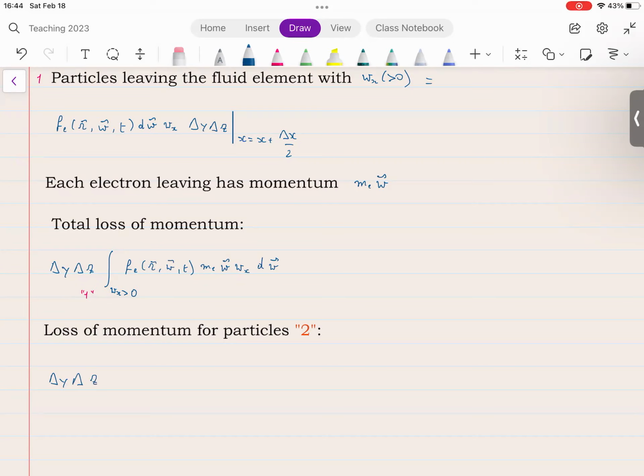My fluid element is a cube, so the size is the same on the opposite side, times the integral of the distribution function, function of r, w, and t, times the momentum of a single electron, times wx, and then I integrate in dw, and this I do for wx less than 0. Now, you see that the two integrals are the same. I'm just going to finish this integral and we'll pick up from here.